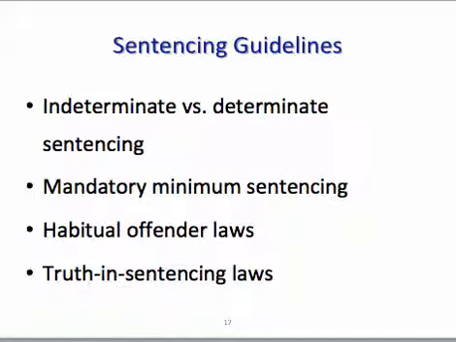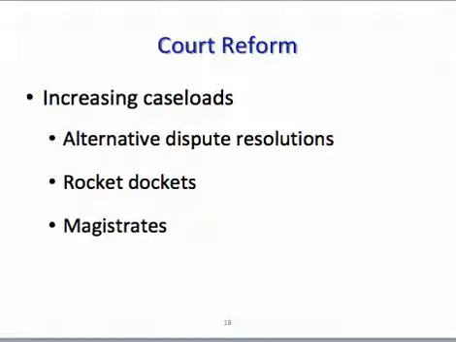And you have habitual offender laws and truth in sentencing laws, basically saying that somebody who is sentenced to this or that amount of time actually has to serve that amount of time. And again, with these, on one hand, we have a desire by some people to have stricter sentencing guidelines, the three strikes, you're out.